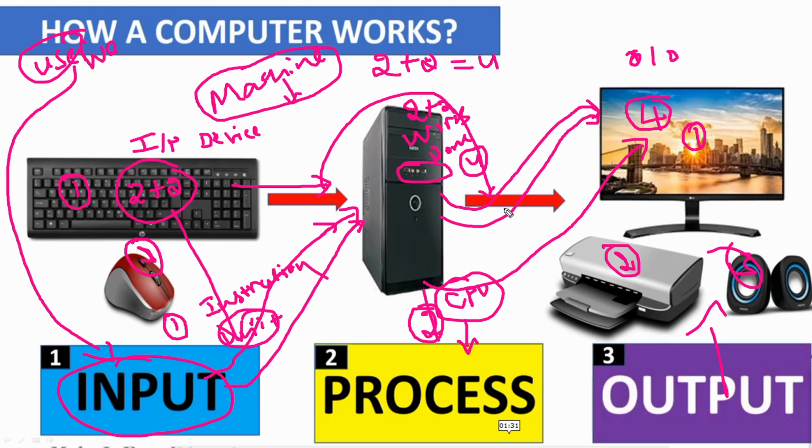Finally, on the output devices, we see the final result of the computer. This is the concept of input, process and output. All electronic devices work on this basis only. In upcoming videos, we are going to discuss some examples of input, output and processing. Thank you.